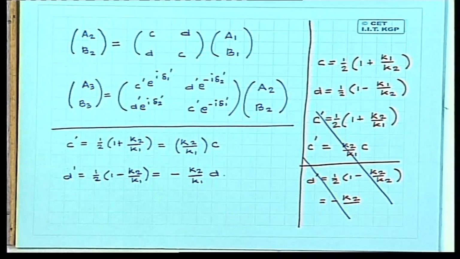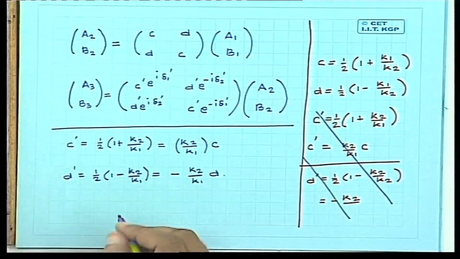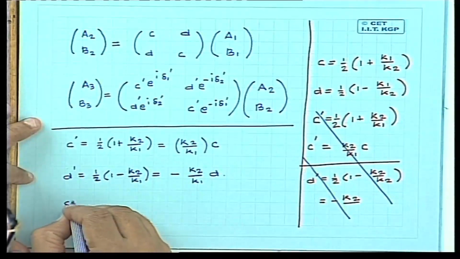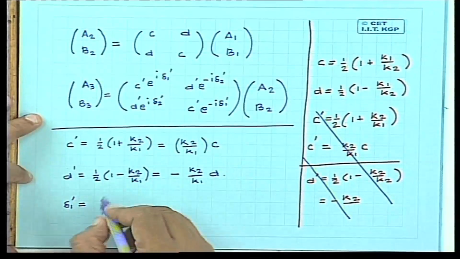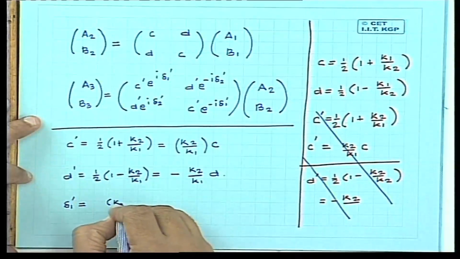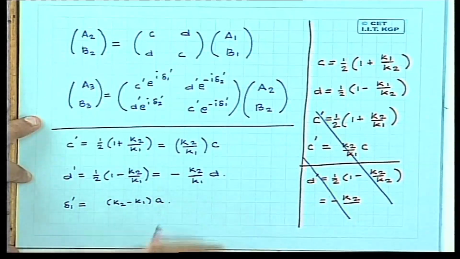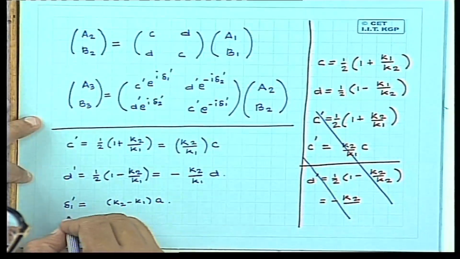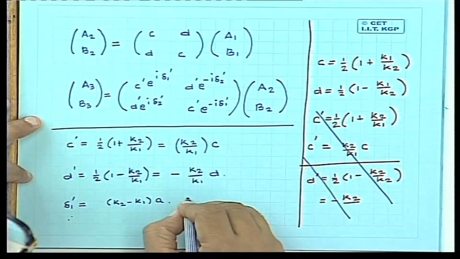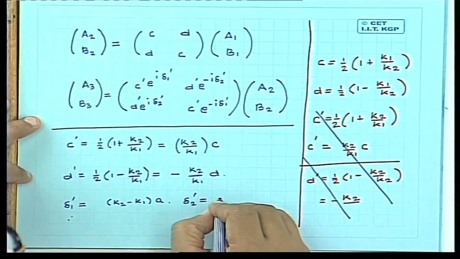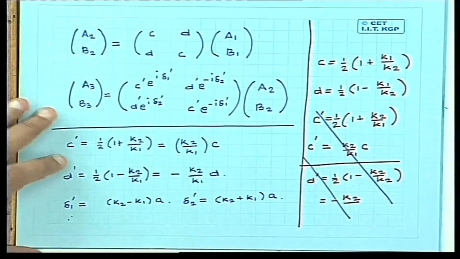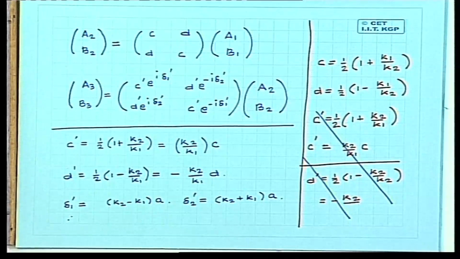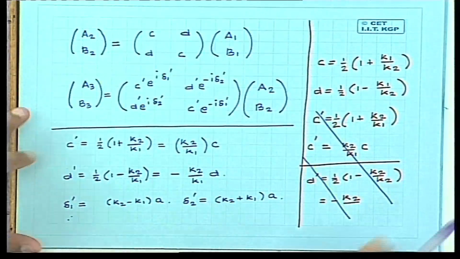Let us also calculate the phases over here. So delta 1 prime is equal to K2 minus K1 A, and delta 2 prime is equal to K2 plus K1 into A. So let us plug all of this into the relation between A3 B3 and A2 B2.